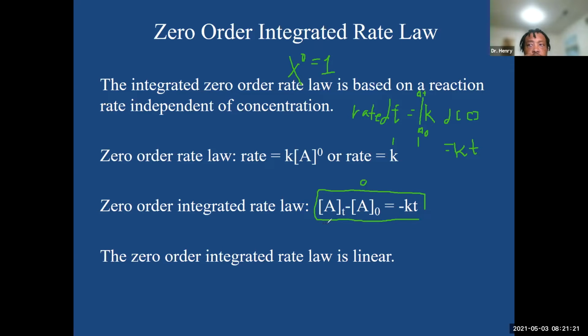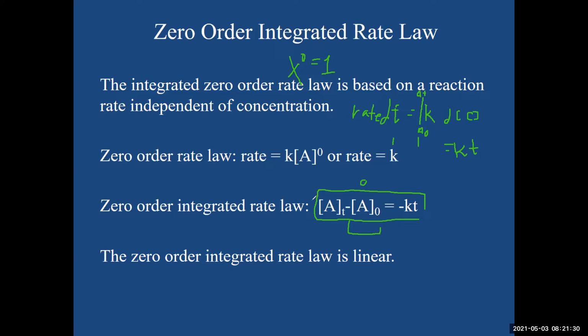Your concentration is changing, and this is going to be a constant. This is going to be your starting concentration, and this is whatever the concentration is at time T. That's just going to be equal to KT. So if you graph this, you're going to get a linear equation, because you're graphing it as a function of time.